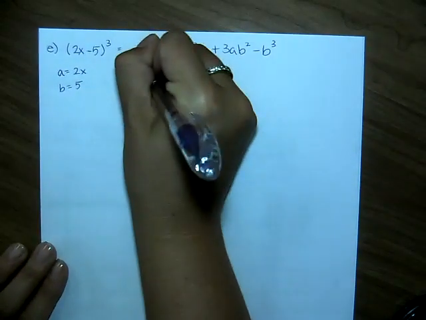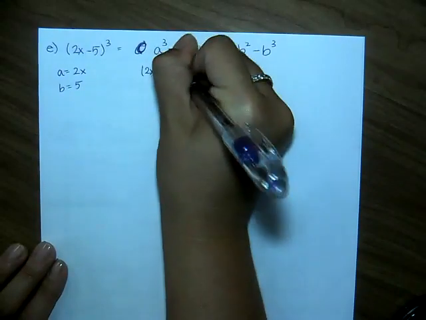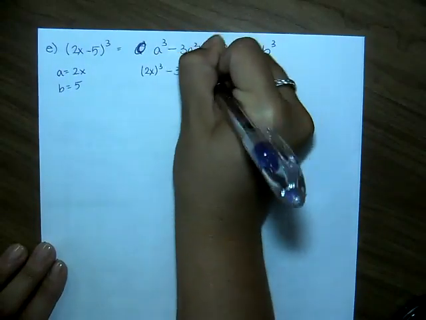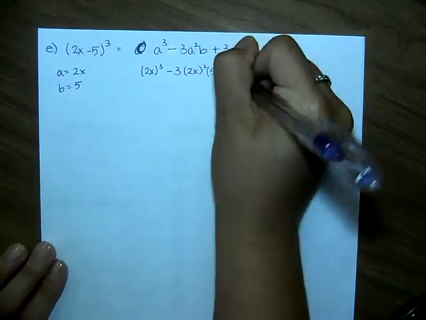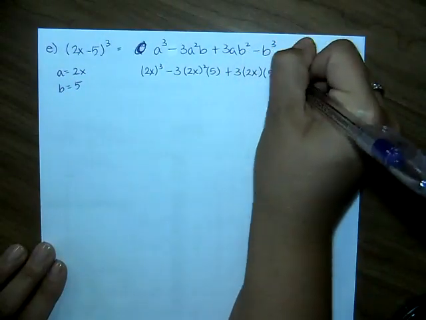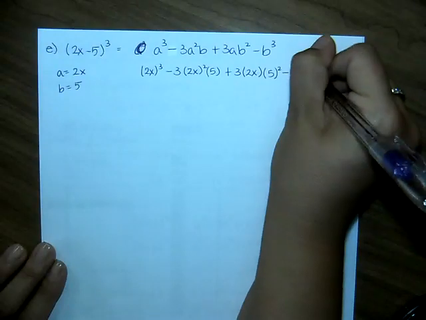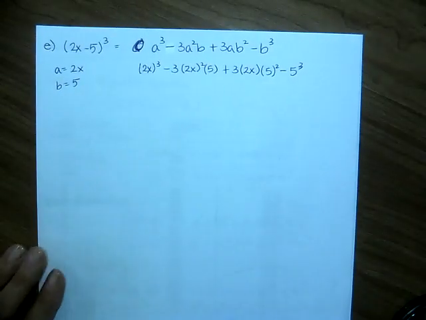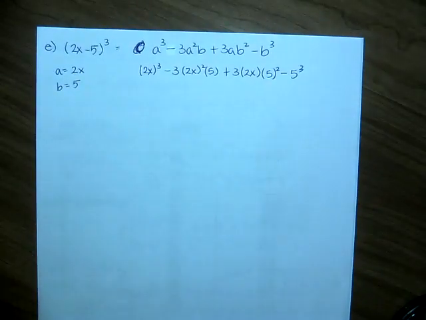And now just plug it in. So I'm going to have 2x cubed minus 3 times 2x squared times 5 plus 3 times 2x times 5 squared minus 5 cubed. Everywhere I see an a, I'm plugging in 2x. Everywhere I see a b, I'm plugging in 5.